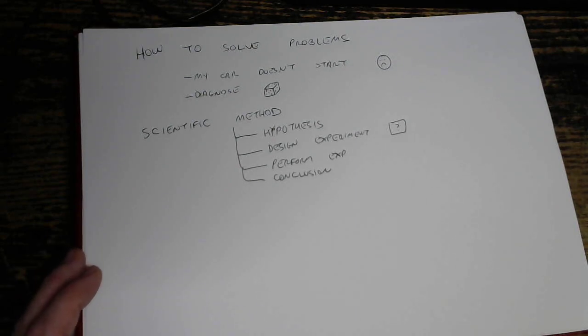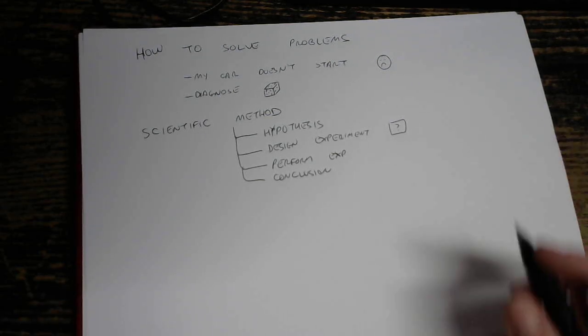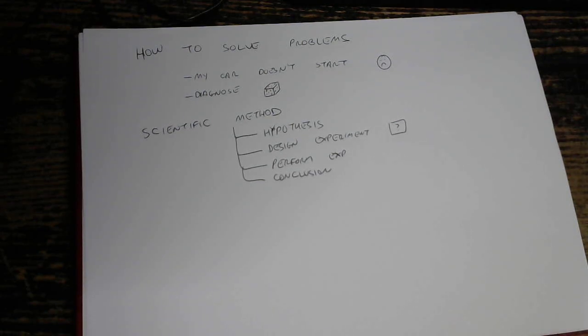So you don't want to spend a whole lot of time on tinfoil hat conspiracy theory hypotheses, which are very unlikely to be true. And you don't want to spend time on things which are going to be very difficult to test as well.